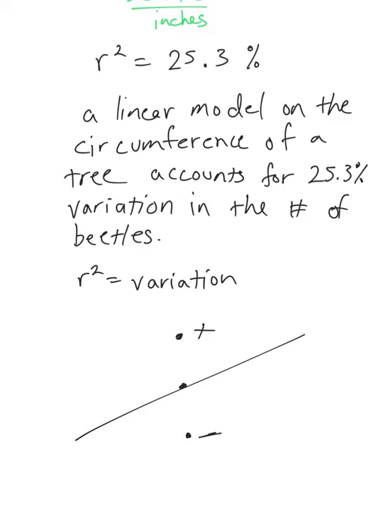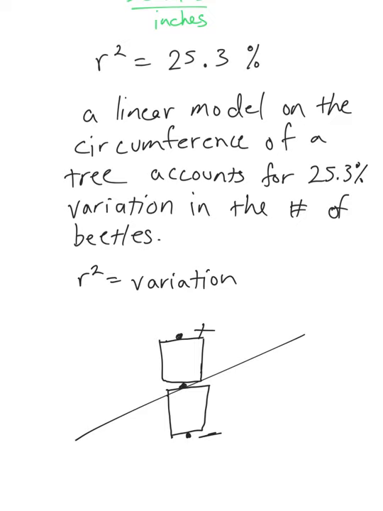So the variation is the average of all of the possible positive or negative values that you could have from your actual line of regression.